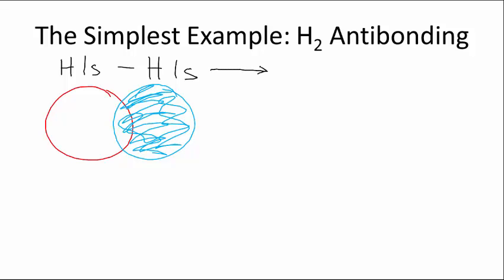What happens when I combine two orbitals out of phase? Destructive interference. So what will happen to the electron density between the two nuclei? It'll decrease. That'll mean it'll increase everywhere else. We're going to call this a sigma star antibonding orbital.